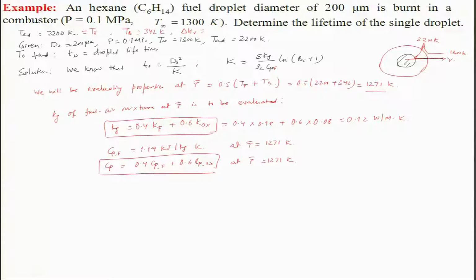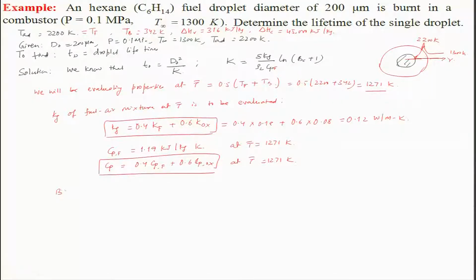Now, delta HV should also be given, or you will have to find it from the data table. That is 316 kilojoule per kg, and the heat of combustion has to be given: delta Hc is equal to 45,000 kilojoule per kg. So what we will have to do is evaluate B, the transport number.